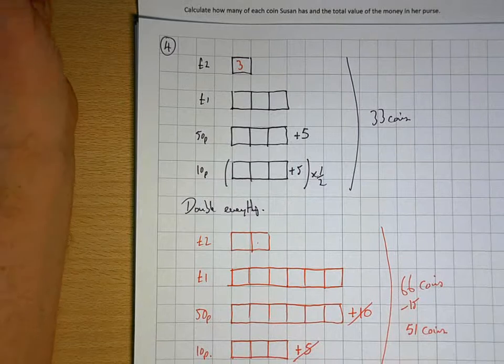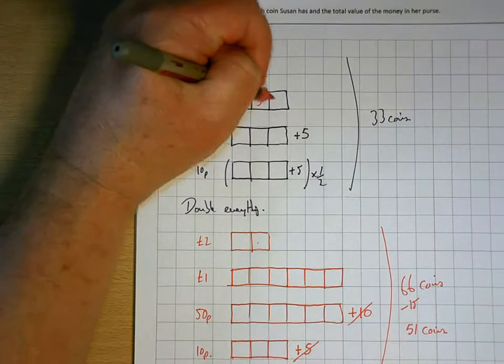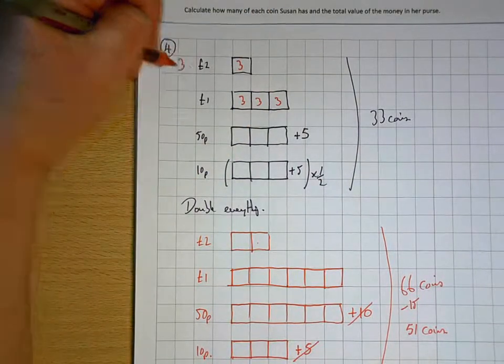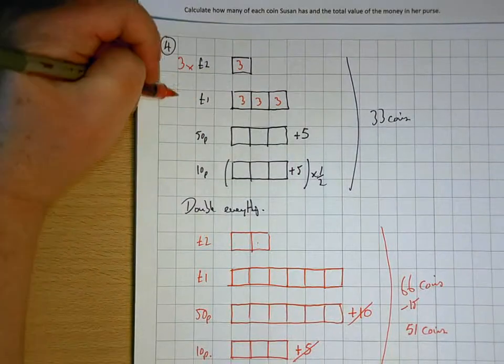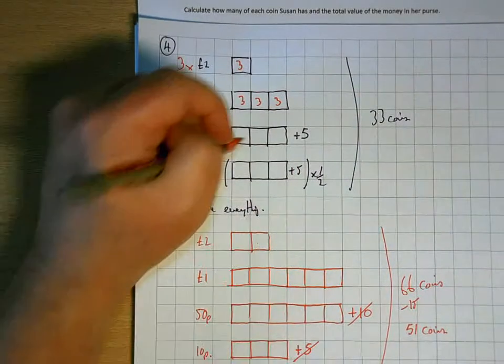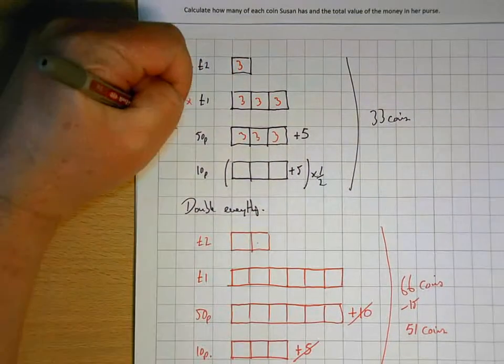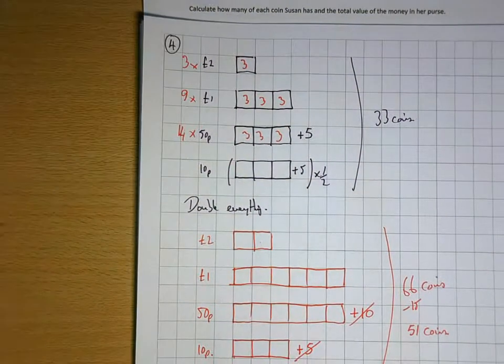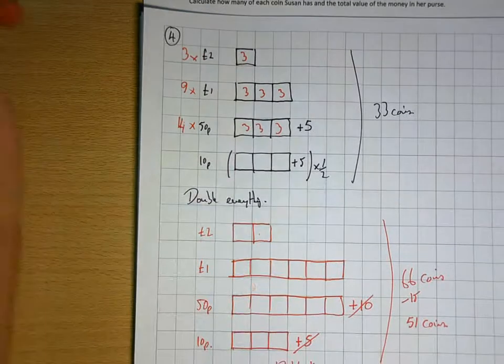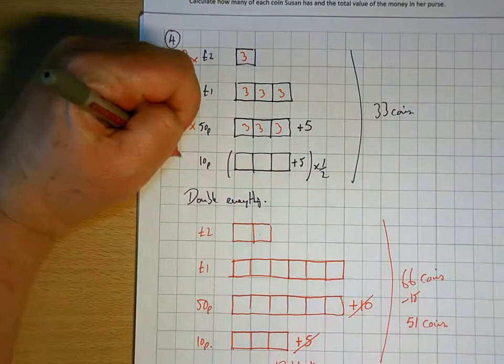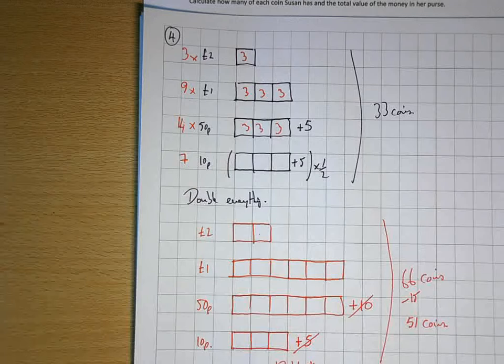So that means I'm going to have 3 £2 coins. I'm going to have 9 £1 coins. I'm going to have 9 plus 5, 14 50 pence pieces, and half as many 10 pence pieces is 7.